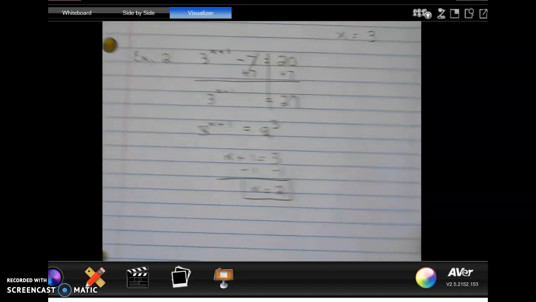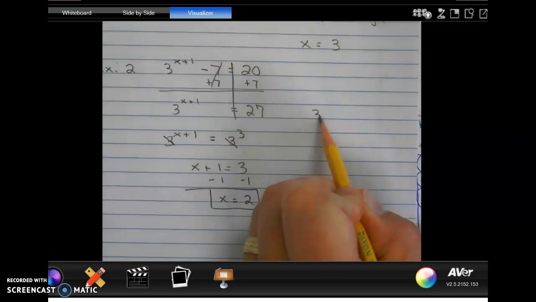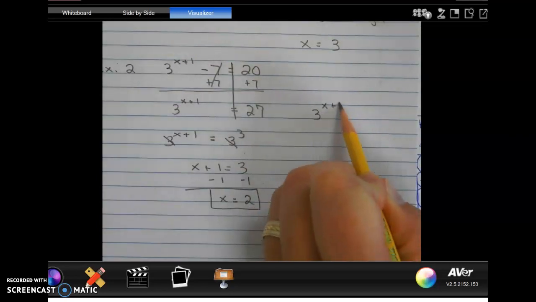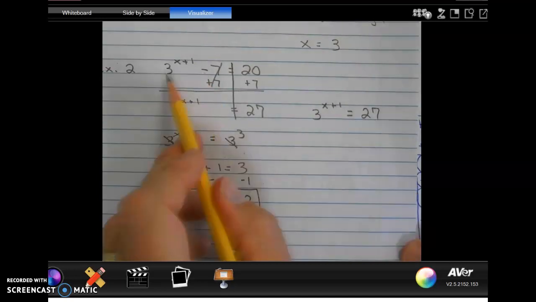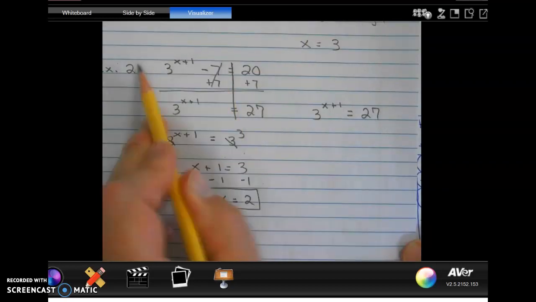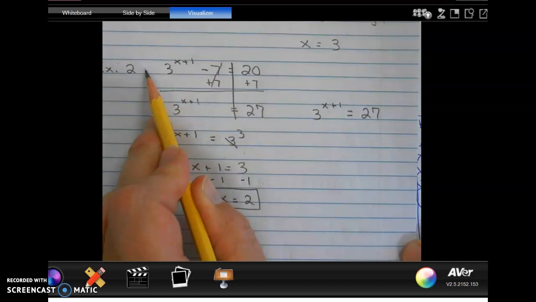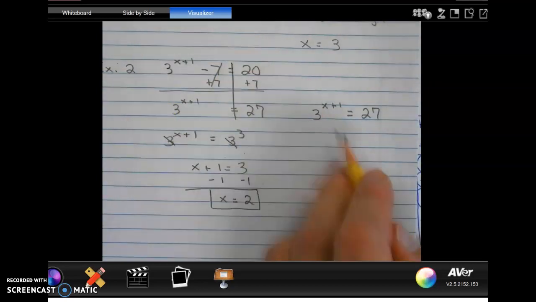Okay, now let's solve this using logs. So let's rewrite the equation from here, because this is where we would start applying the logs, never up here. As long as there's adding and subtracting or multiplying and dividing to undo, you cannot apply the logs property yet to each side.